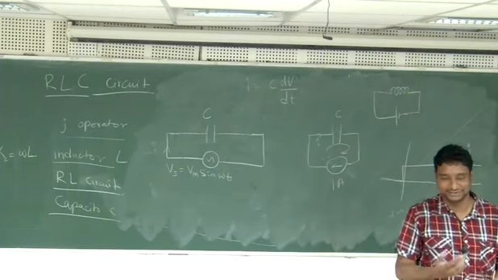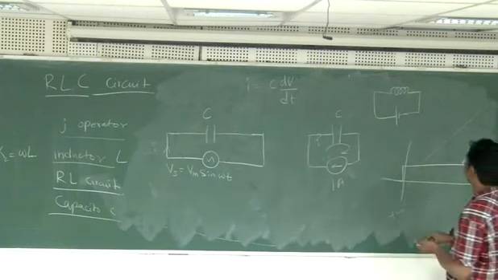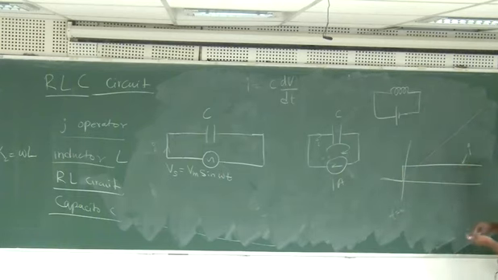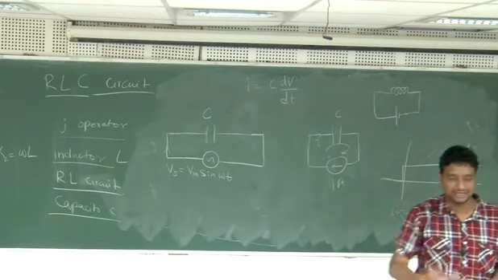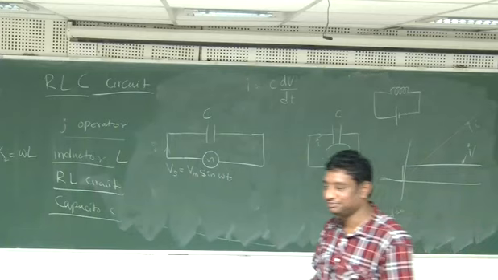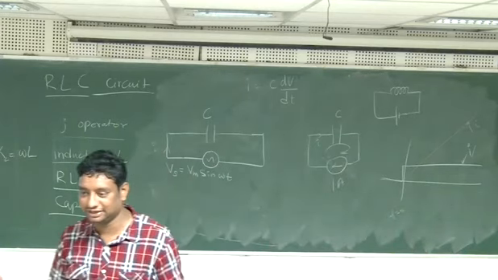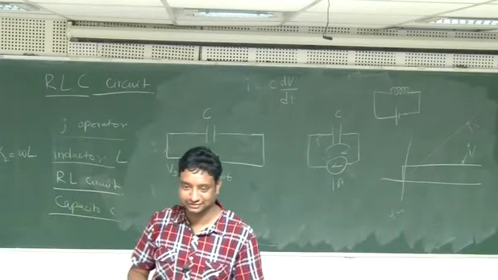Multiply by t. So in this case, this is my V and this is my I. The current will start increasing: 1 ampere, 10 amperes, 100 amperes, 1000 amperes, and after some time it will burn.